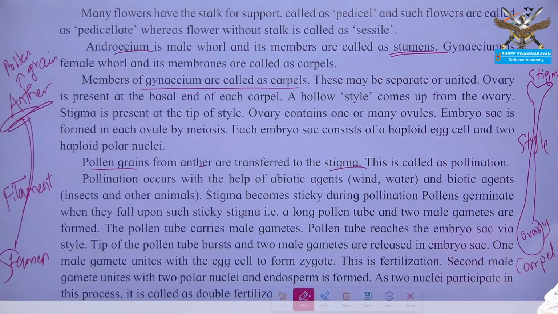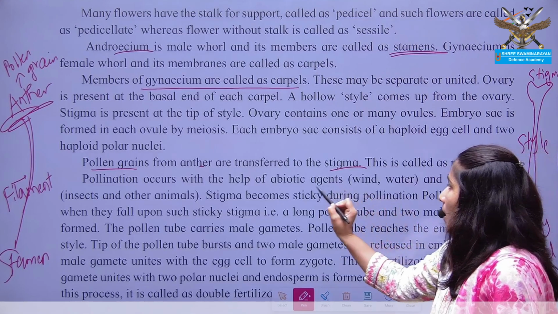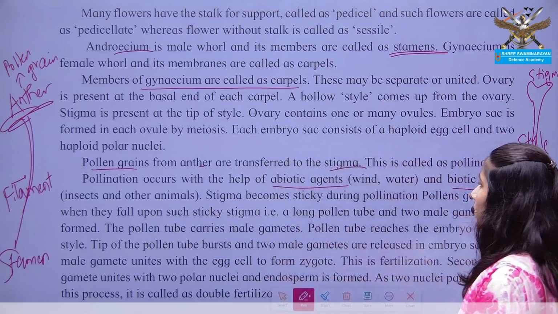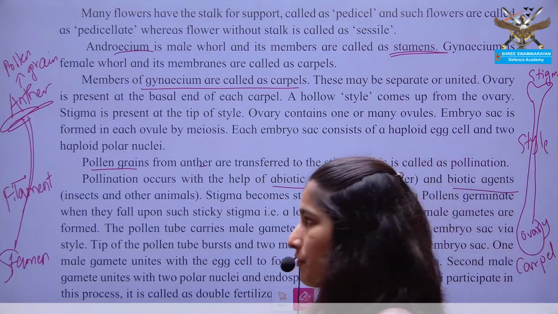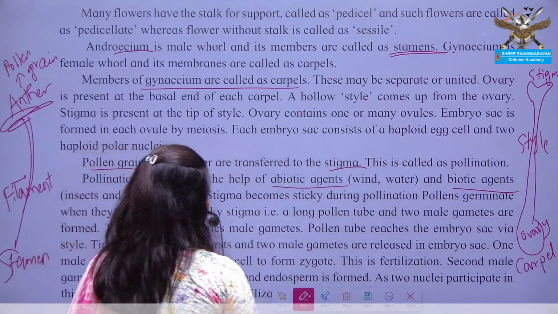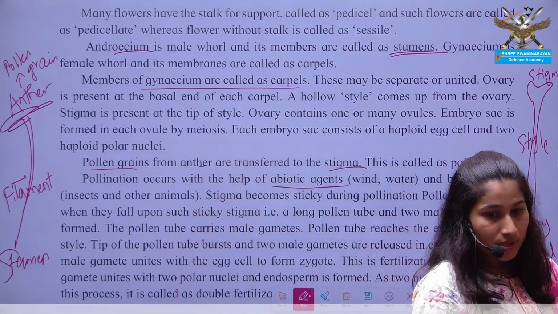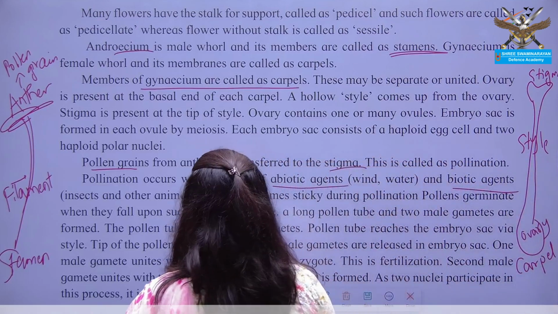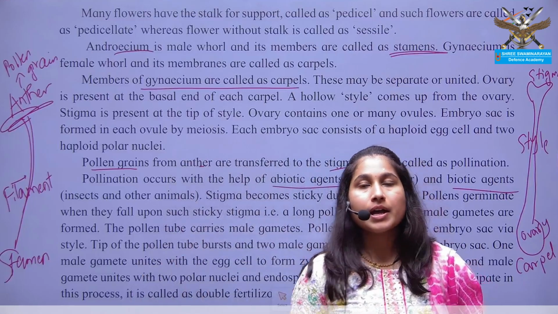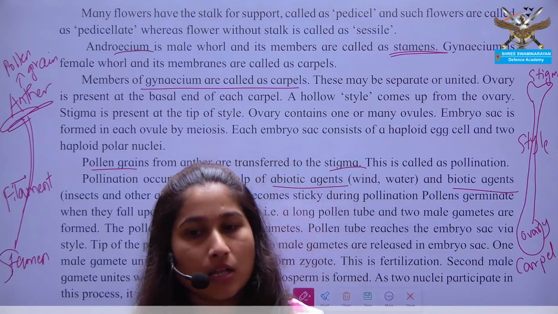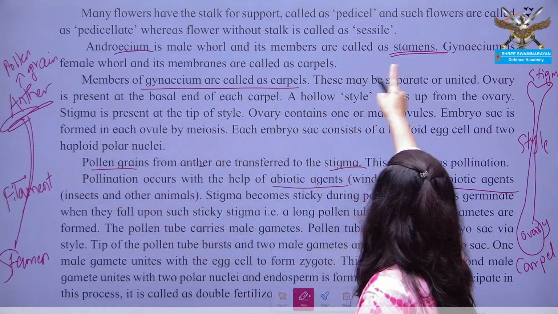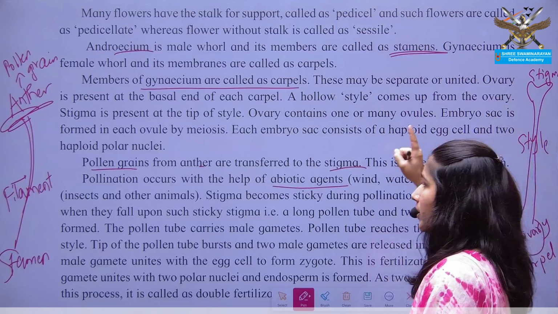Okay, so the factors involved in the transfer of this pollen grain may be abiotic factors or biotic factors. Abiotic factors may be wind, water. Biotic factors involve insects, animals, birds, etc. So the process of transfer of pollen grains from anther to stigma is known as pollination.